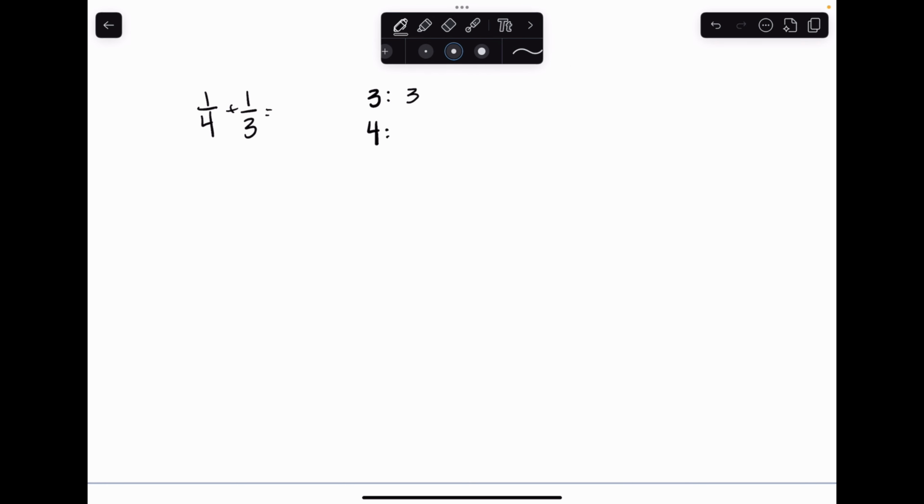So I'm going to list all of the multiples of 3. I've got 3, 6, 9, 12, 15, and 18. And for 4, I've got 4, 8, 12, 16, and 20. Now looking at these lists, I have 12 and 12. So 12 is going to be my denominator that I'm going to use.